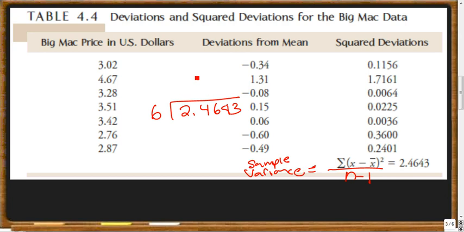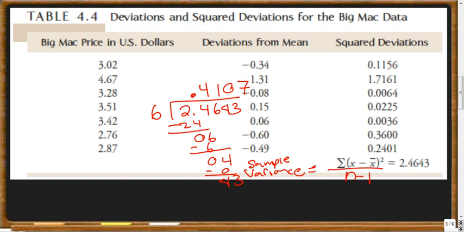If we do this, we end up with about 0.4107. I apologize, 0.4107, that makes more sense.